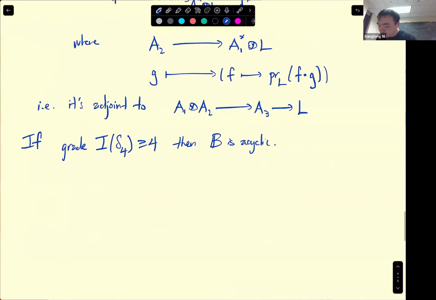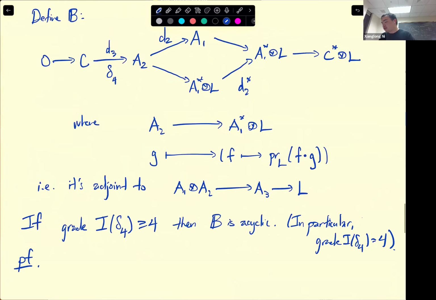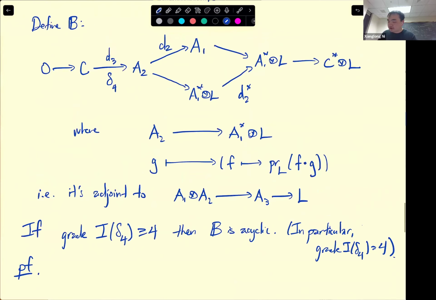So in particular, the proof turns out to be surprisingly very easy, and the idea is the following. So using either the Peskine-Szpiro acyclicity lemma or the Buchsbaum-Eisenbud acyclicity criterion, so I tend to think of things using the latter.